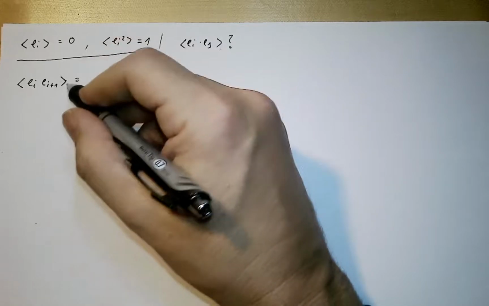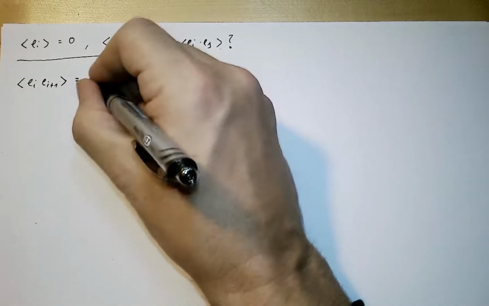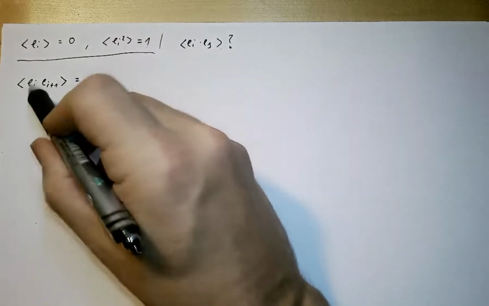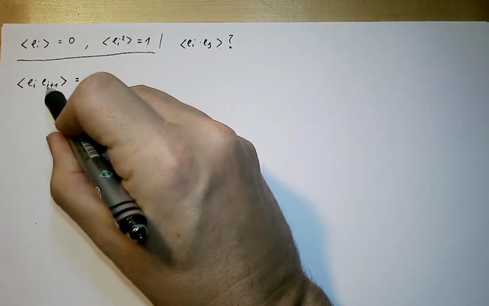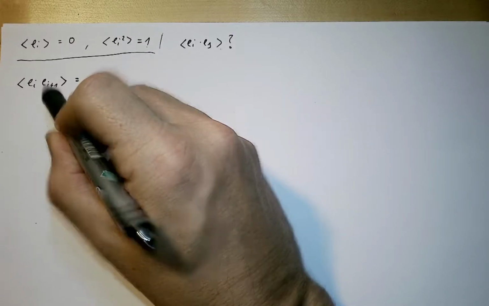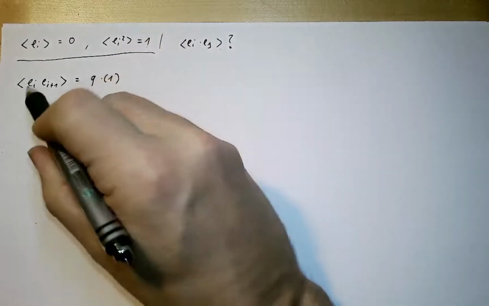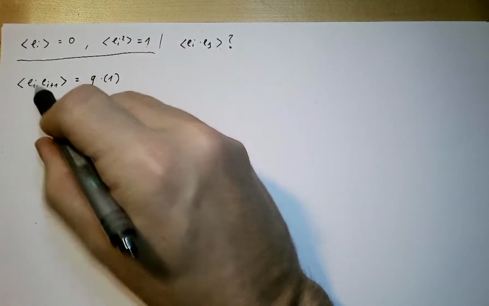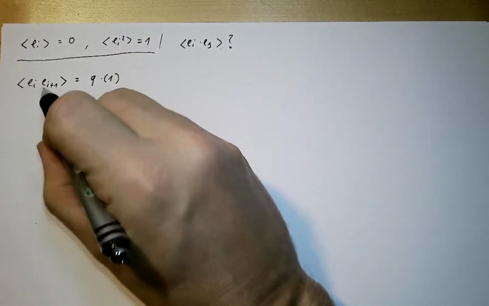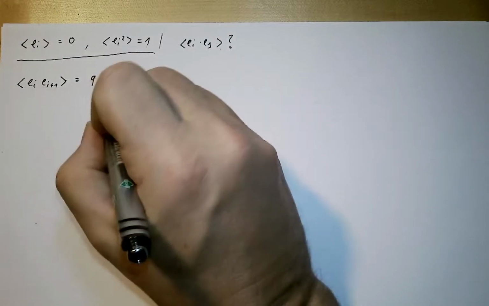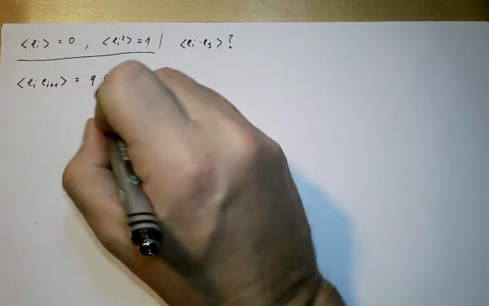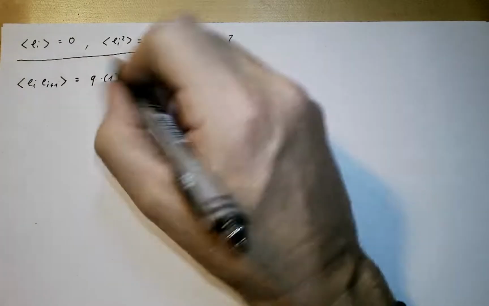So with probability q, both increments have the same sign. This means we multiply by 1, because either both are 1, then we have 1 squared, or both are minus 1, and minus 1 squared is also 1. So that's with probability q.